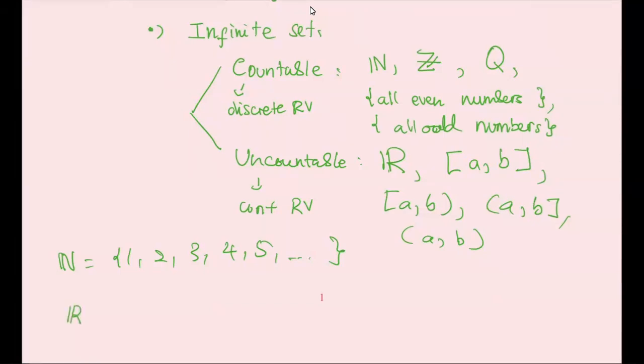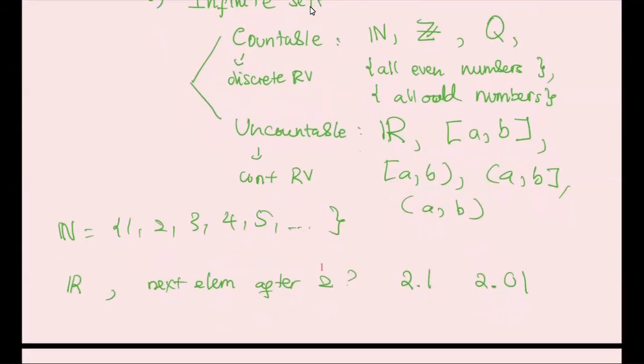However, if you think about the set of all real number, and I ask you what is the next element after number 2, can you tell? No, right? Because you might think, okay, it might be 2.1, but that is not true because you can definitely have 2.01 that is closer to 2.